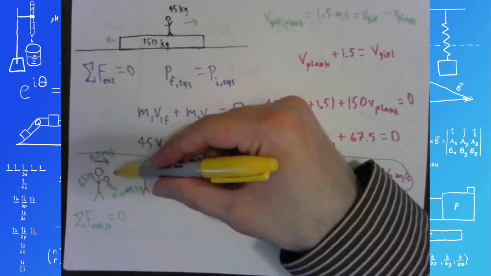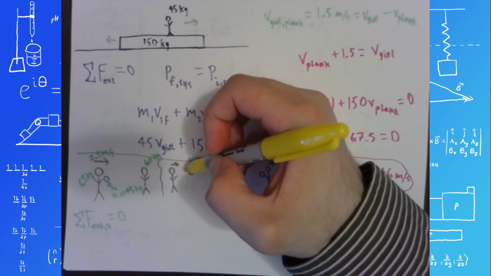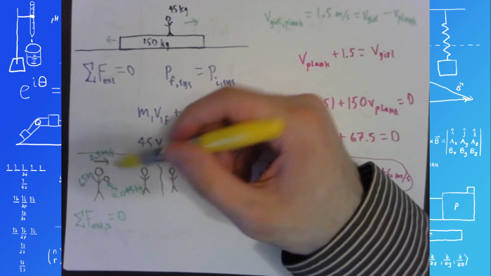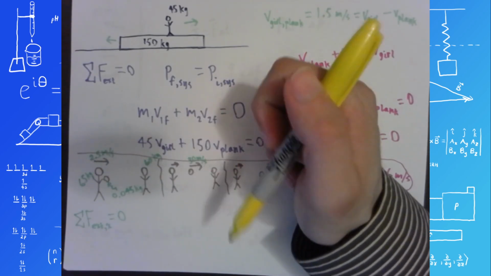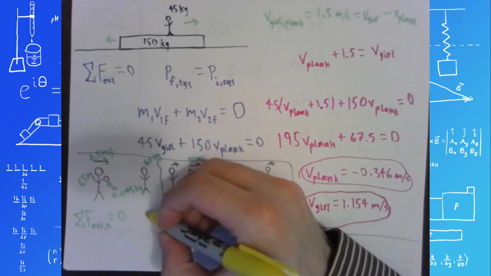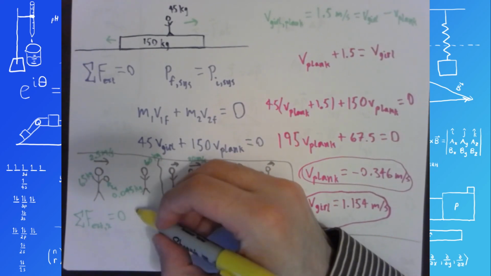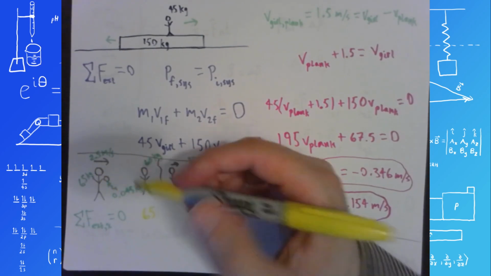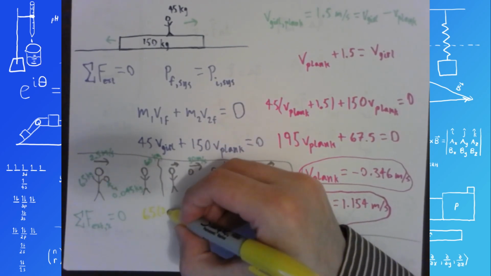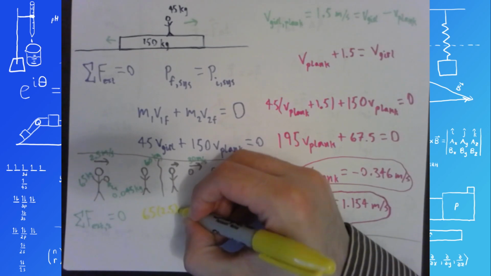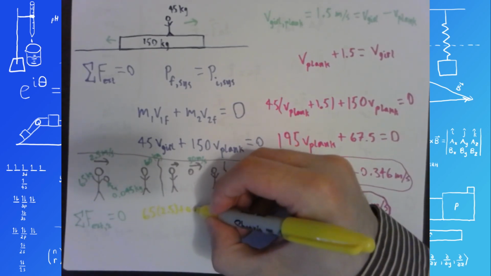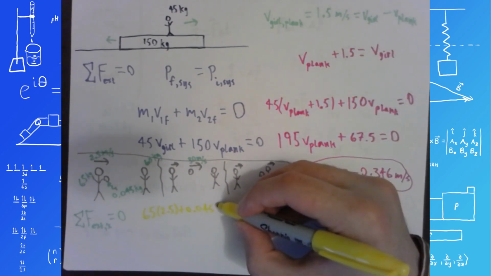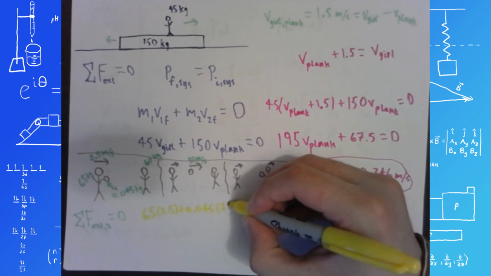Okay. Between here and here, I'm just looking at an interaction between person 1, or person A if you want to call them that, and the snowball. So I've got 65 kilograms times 2.5 meters per second plus 0.045 kilograms times the same 2.5 meters per second.